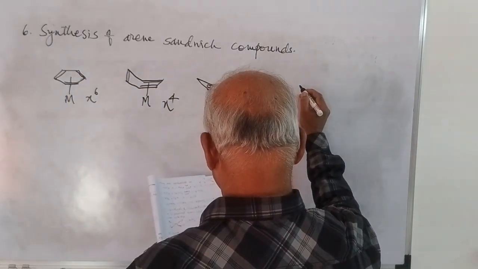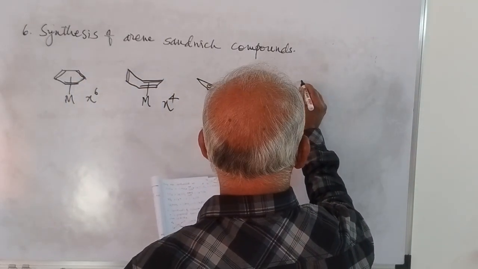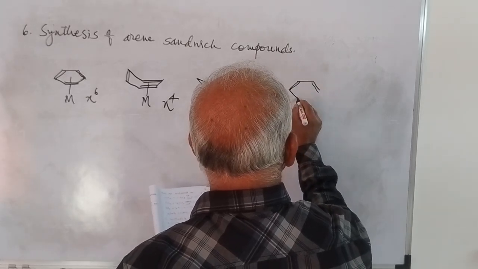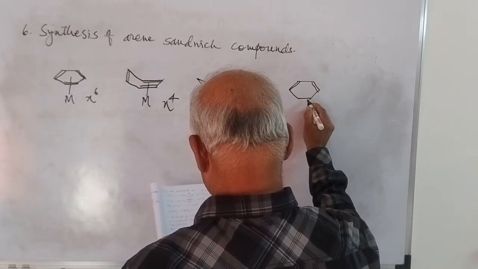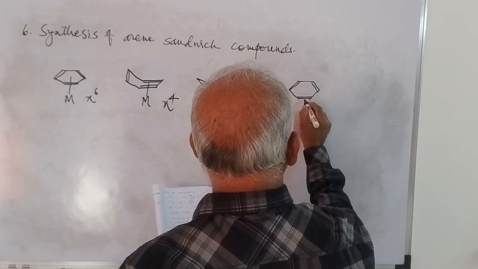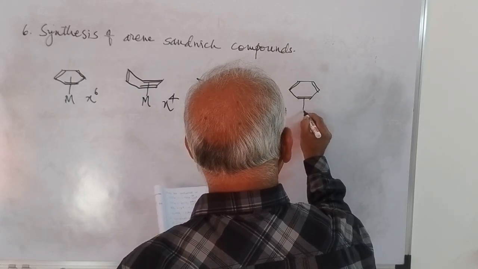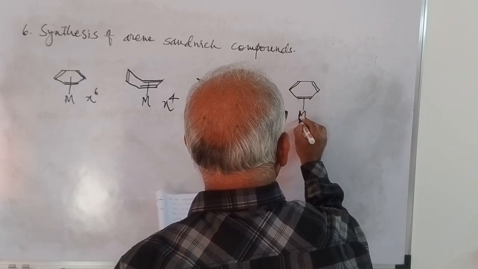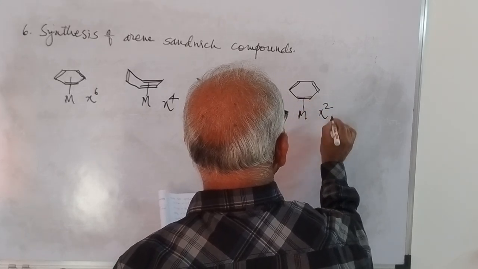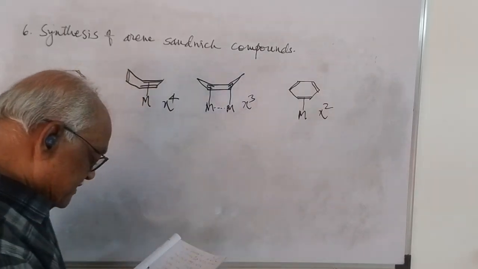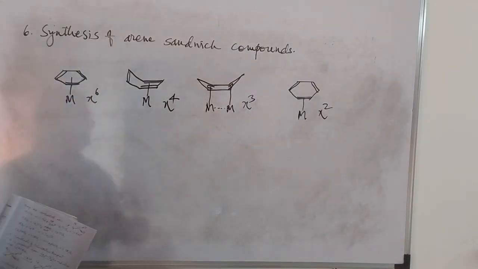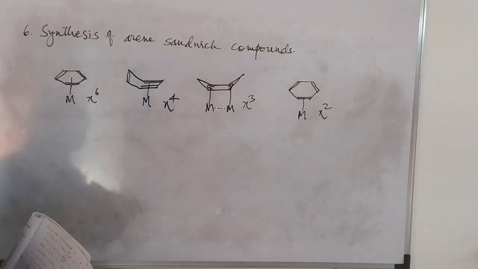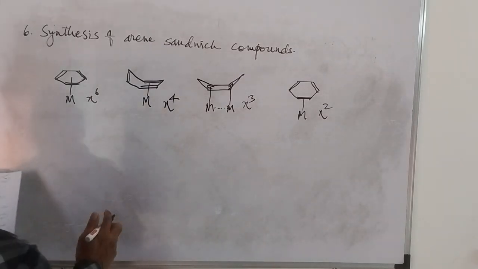And when we have a benzene-like structure like this, only two carbons are coordinated, therefore it is an eta 2 complex.